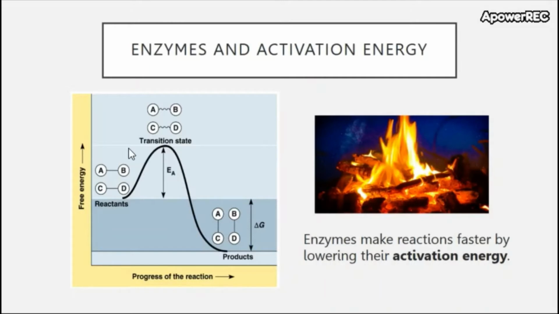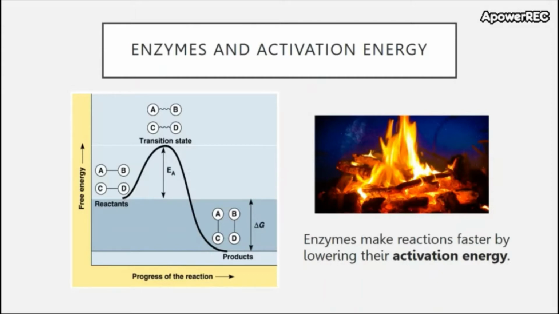And this top of the hill is the amount of free energy required to make a transitional state. This transitional state is a state that's in between the state of the reactants and the state of the products. In order to reach that transitional state, the person holding the sled has to walk to the top of the hill. And so this is the amount of activation energy required, written E sub A.